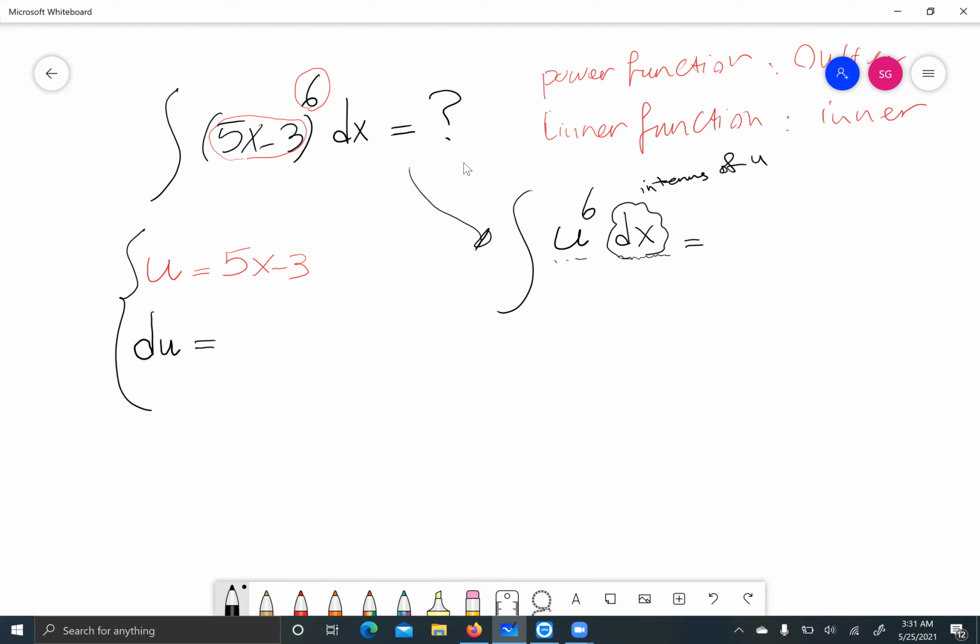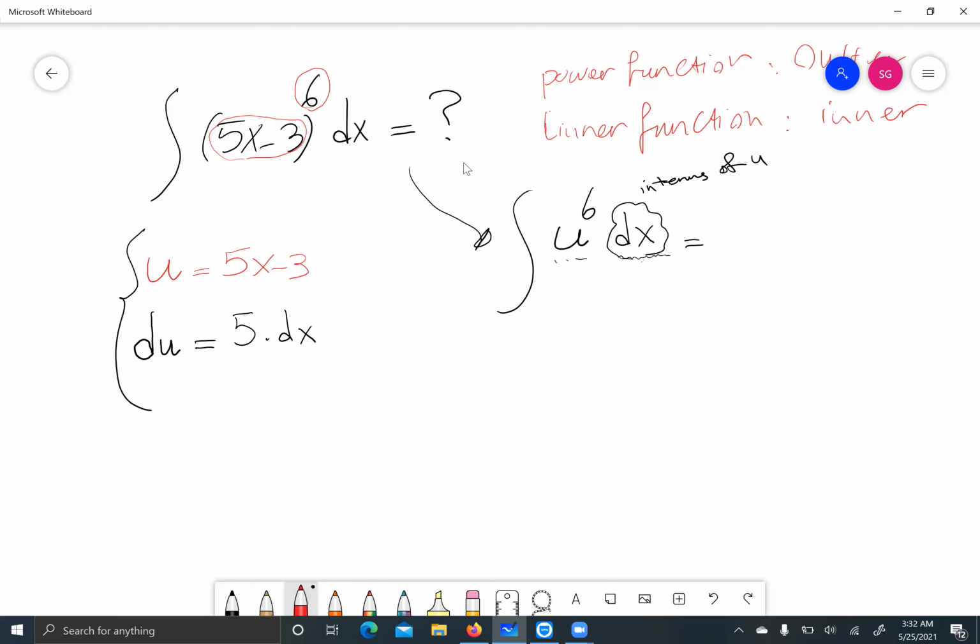So the derivative of 5x minus 3 with respect to x is 5. And denote that we are taking the derivative with respect to x. Why? Because in this equation we have two variables, u and x. So when you say you're taking the derivative, you should mention with respect to which variable.